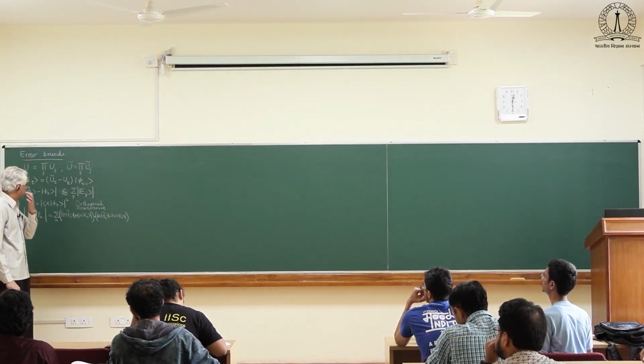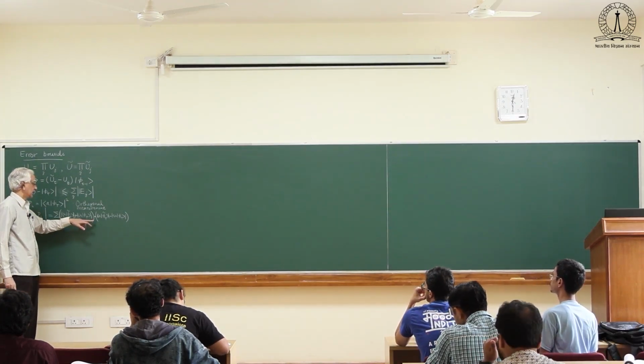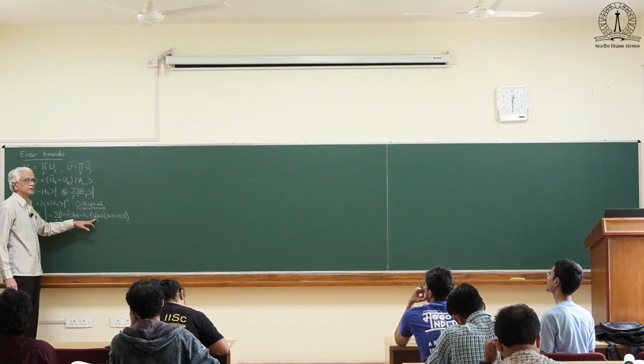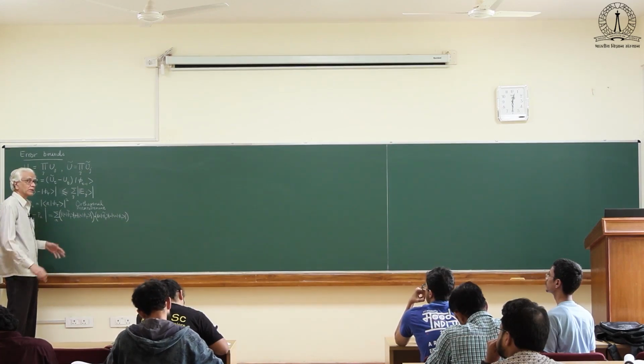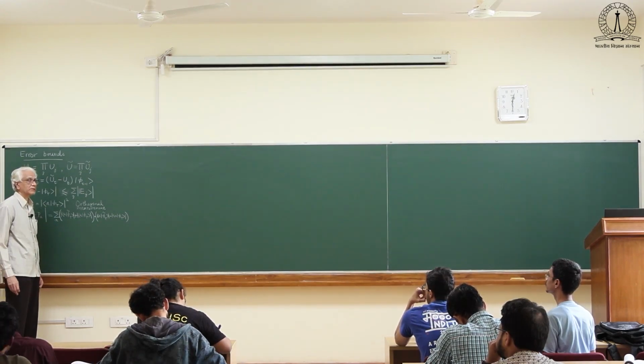x minus y. Now this can be seen as a dot product of these two components. This summation over A is just a sum over all the components which are involved in the dot product.